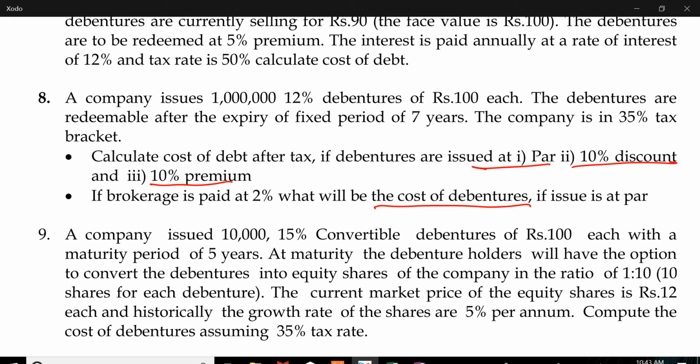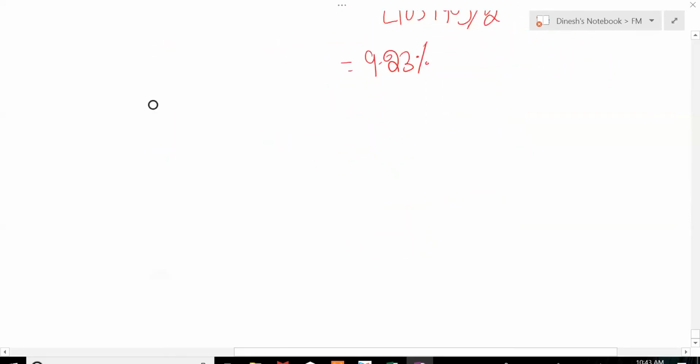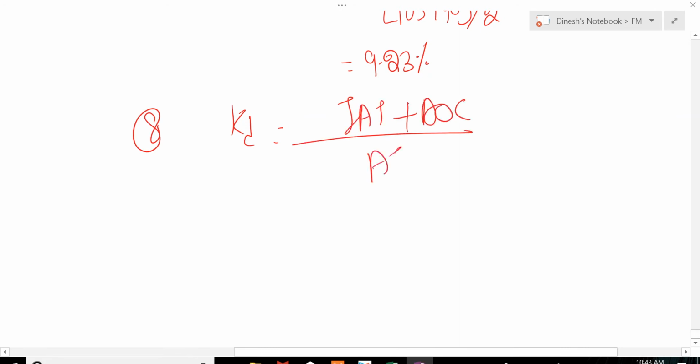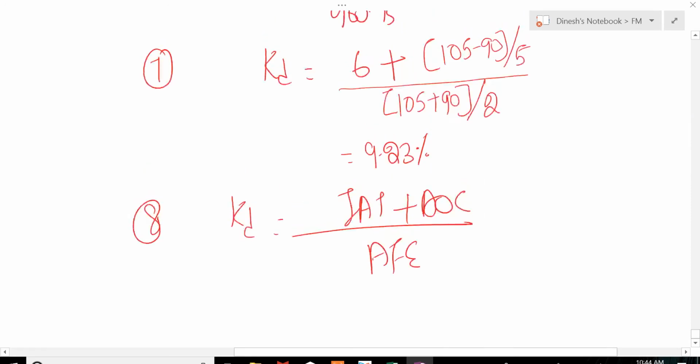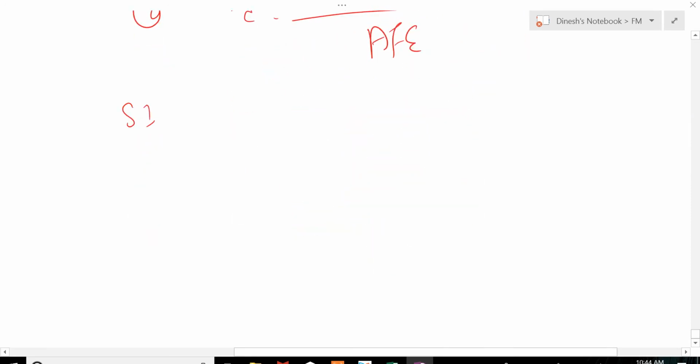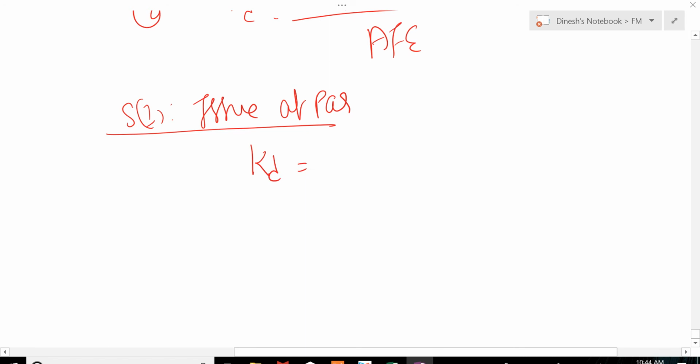Let's start. Cost of debt, KD equal to interest after tax plus average other cost divided by average funds employed. In scenario 1, issue at par.